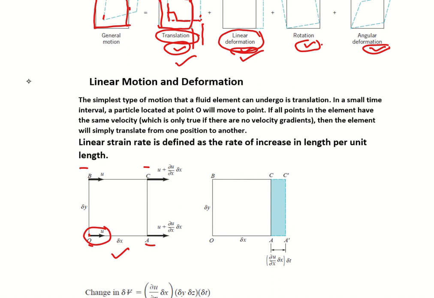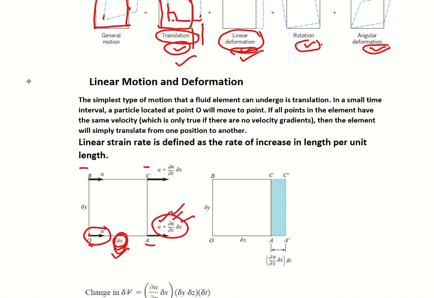And since velocity is a function of x, at a distance delta x the velocity will be equal to what? With the help of Taylor's series expansion and removing the higher order terms, with the approximation that delta x is very small, infinitesimally small, this will be u plus del u over del x, meaning the gradient in x direction, multiplied by the distance in x direction. What is the distance in x direction? It is equal to delta x.